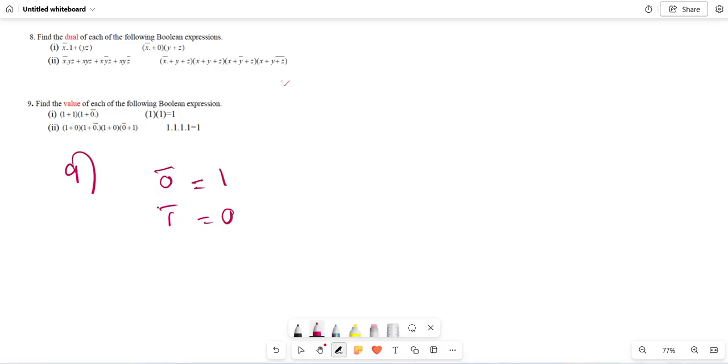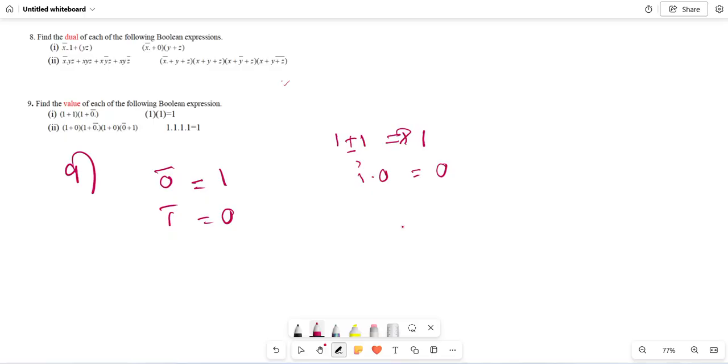And you know that 1 plus 1 equals 1. That means, this is OR, right? In OR, if one input is true, the answer is true, and if it is AND, both have to be true, therefore 1 dot 0 equals 0.